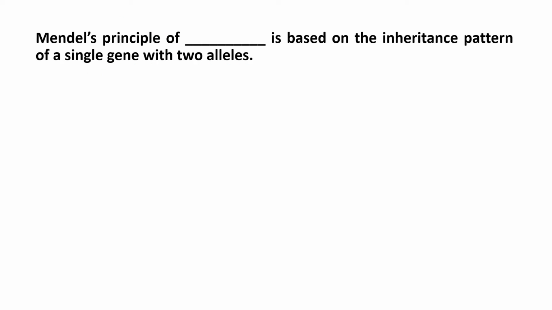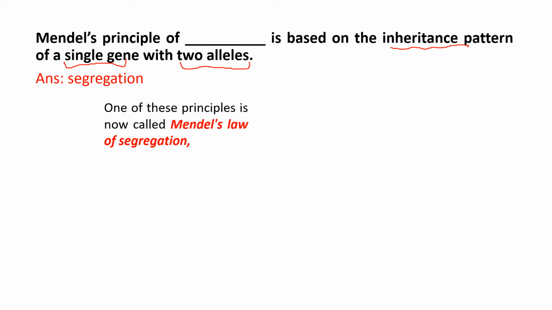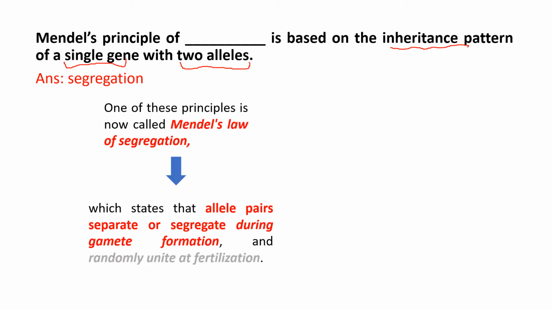In this Mendelian principle, we have inheritance patterns of a single gene with two alleles, and this is very important: single gene. This principle is called the principle of segregation, and it states that allele pairs separate during gamete formation and randomly unite at fertilization.